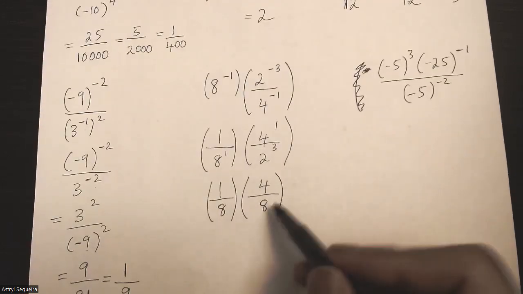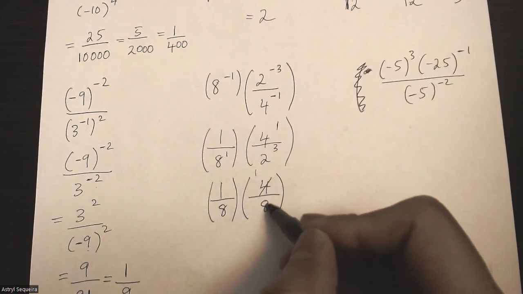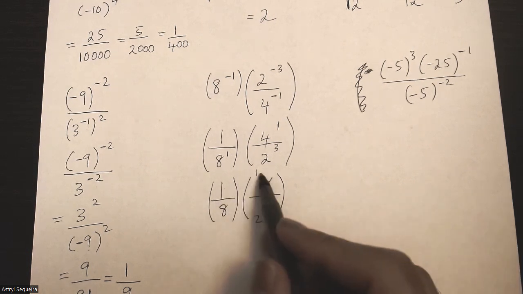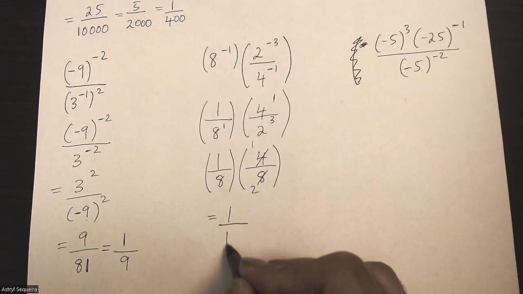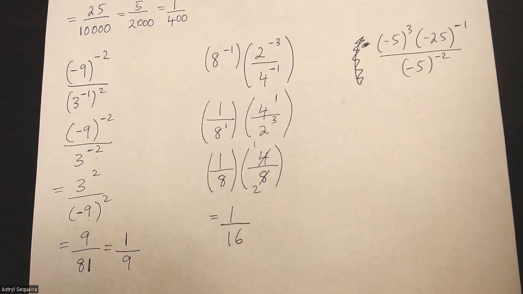I can simplify the 4 over 8 to just 1 over 2. And 1 times 1 is just 1, and 8 times 2 is 16. So my final solution is 1 over 16.